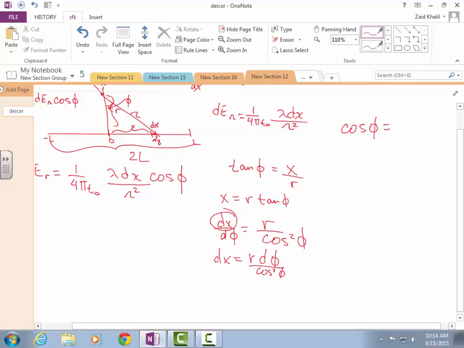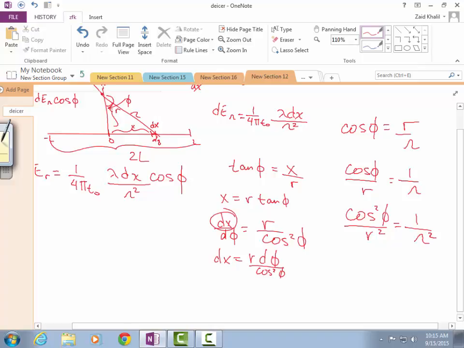Little r over script r. Right? So therefore, 1 over script r is equal to cosine of phi over little r. Which means 1 over script r squared is cosine squared phi over little r squared.